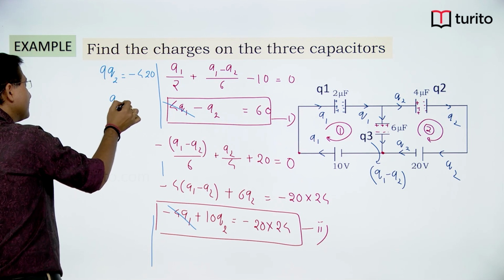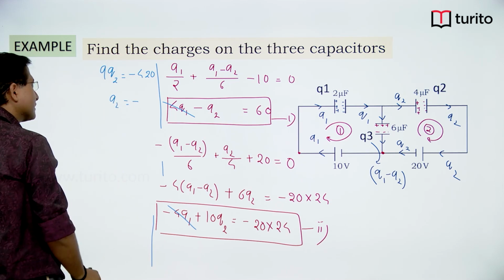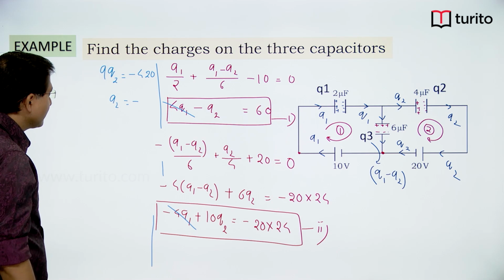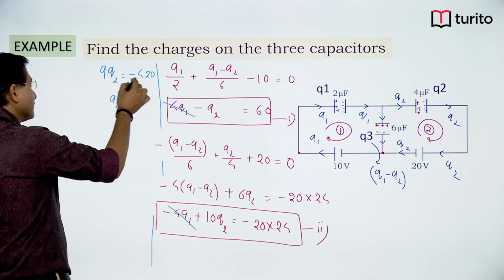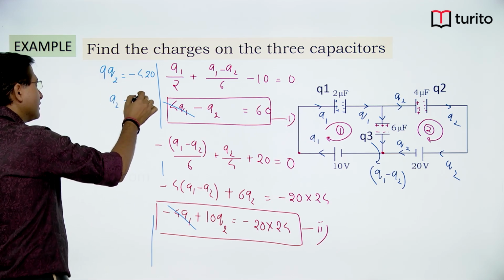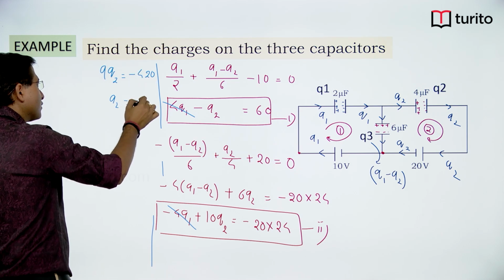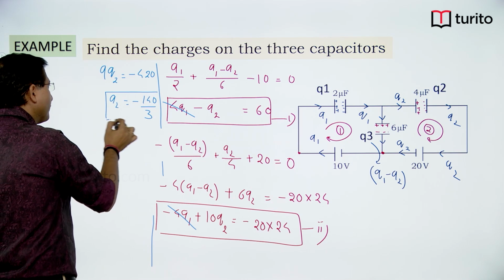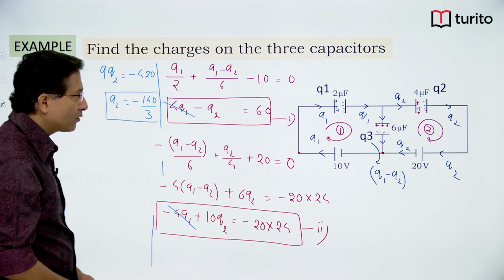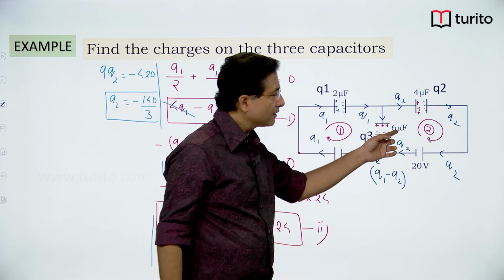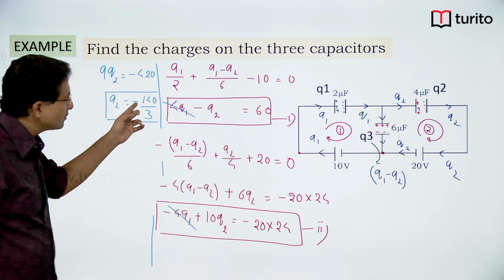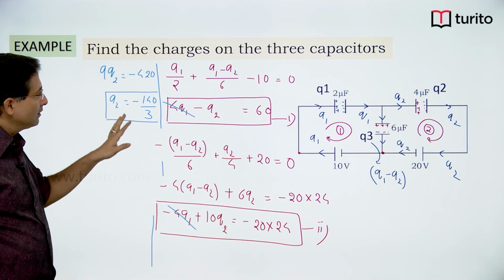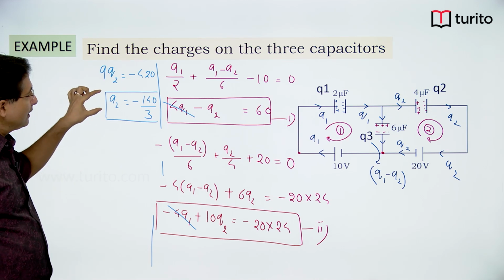So, q2 what we are getting, if you simplify, then it will become, by 3 if I divide, then this will be 1 and 4, 140 by 3 we are getting microcoulomb, because all the capacitors are given in microfarad. So, minus 140 by 3 microcoulomb.